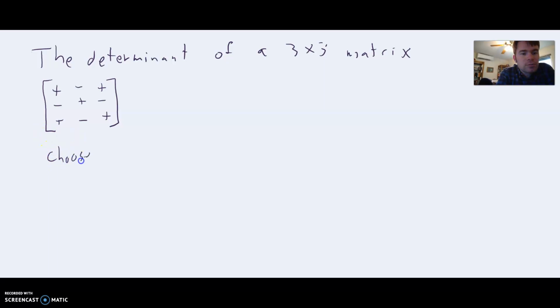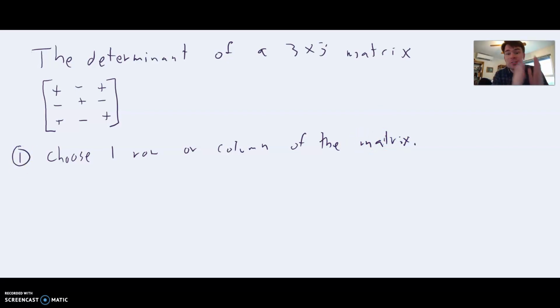So here's how we take this determinant. Choose one row or column of the matrix. I'm just going to choose one row or column. You can choose any row, any column.